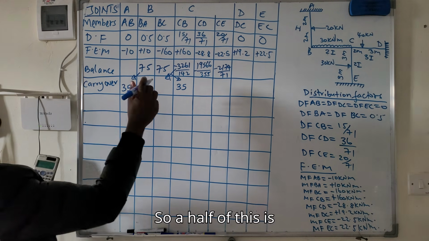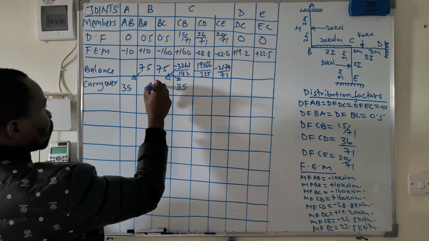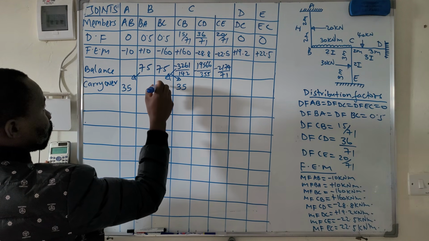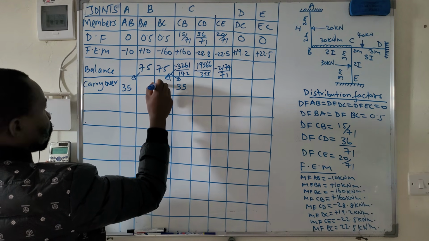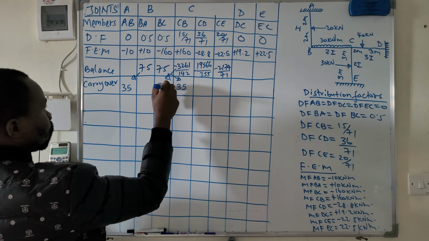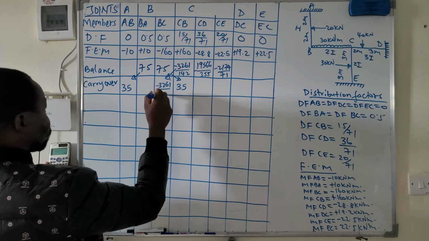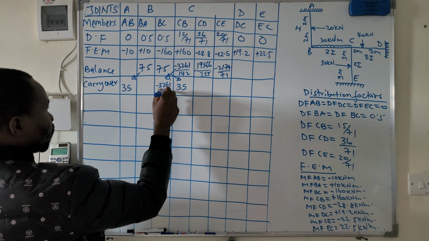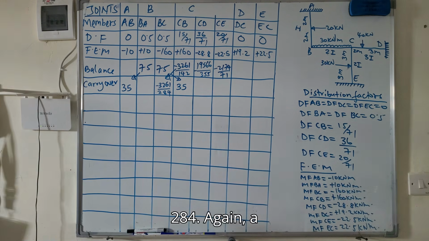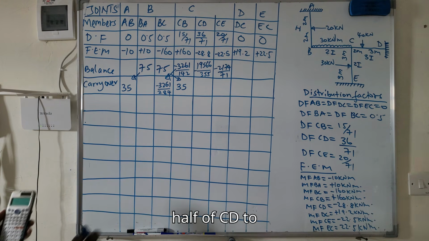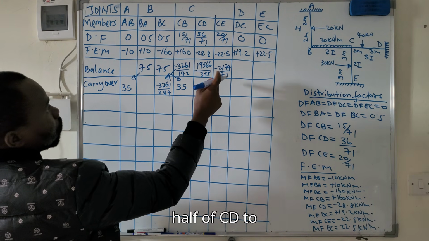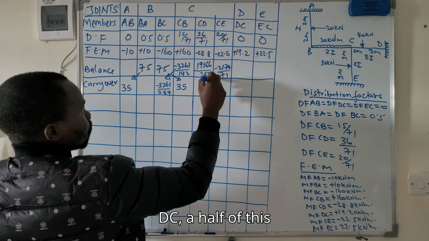So a half of this is negative 32.61 over 284.